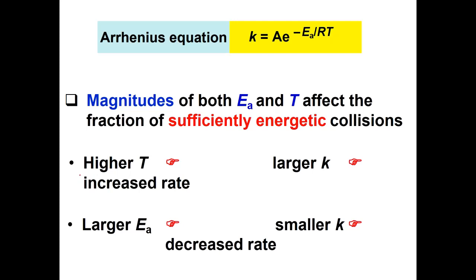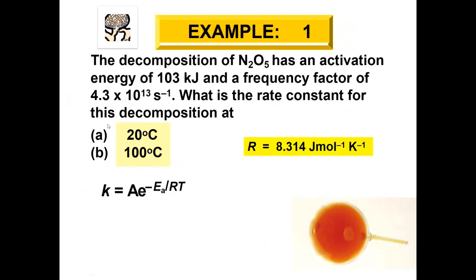And I repeat again, when T is higher, we also have a larger k to increase the rate. Another conclusion: when we have a larger EA, we have a smaller k.